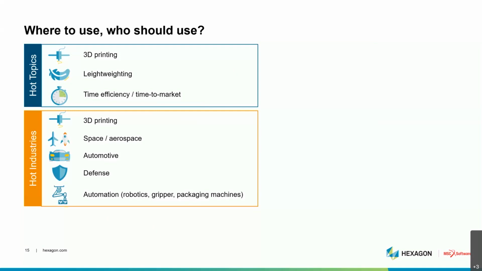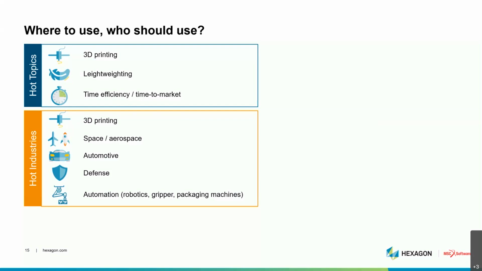Who? Hot industries? Of course, first 3D printing. So if we have a look at the 3D printing industry market and those who are using semi-effect additive, all of these people are thinking about the perfect designs that are easy to manufacture, that are taking the advantages of 3D printing.